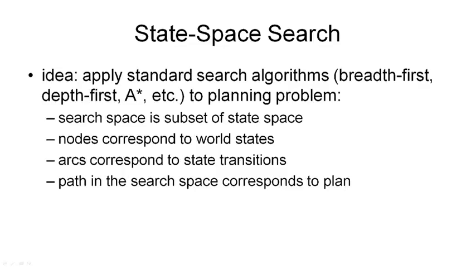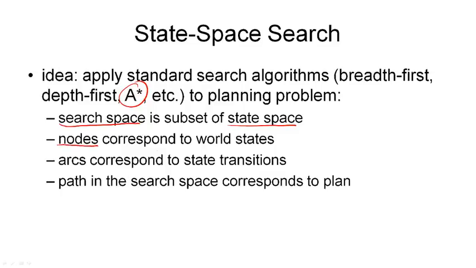So here is the basic idea of how state space search works. Namely, we want to apply standard search algorithms that we've seen before, like breadth first search, depth first search, or A*, you may remember, to a planning problem. And to do this, we need to define the search space, which may be different from the state space. But in this case, our search space is simply a subset of the state space that we define for the planning problem.